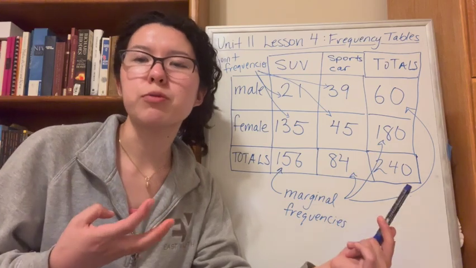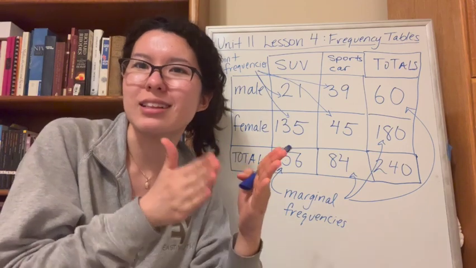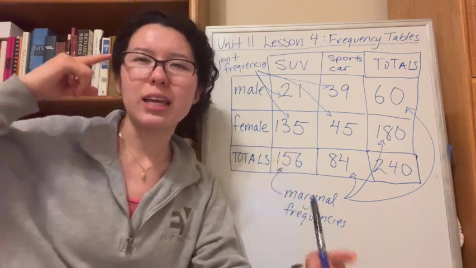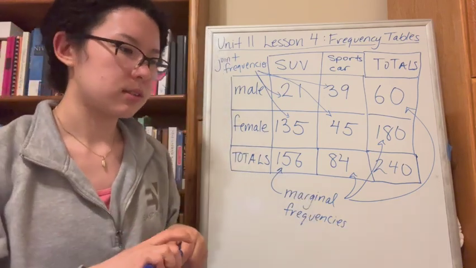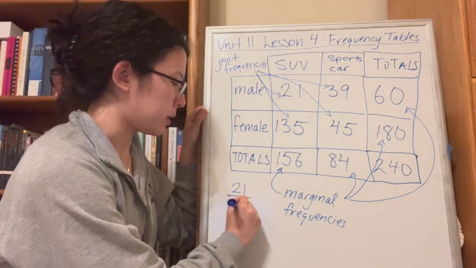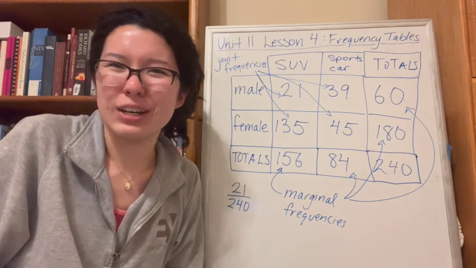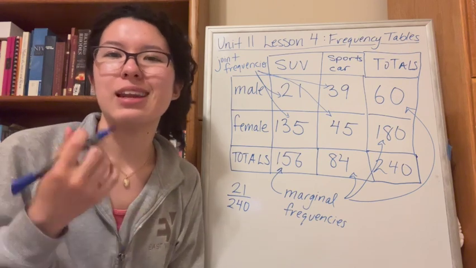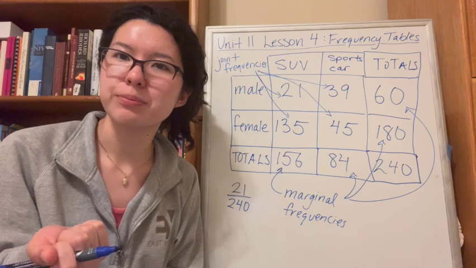Percentages are so helpful because in our base 10 math system, we tend to think in tens and hundreds and thousands, and percent just means per hundred. It gives our brain a really easy way to think about numbers. For instance, me saying that 21 out of 240 people are men who like SUVs may give you a fuzzy idea of what I'm saying, but it's so much more powerful to say 9% of all these people were men who liked SUVs.